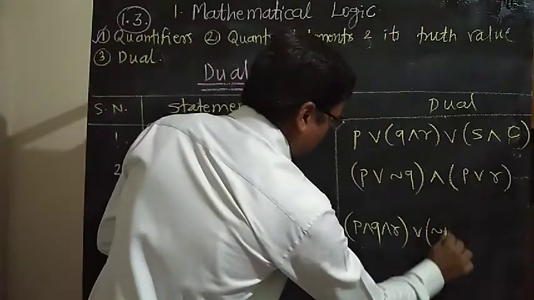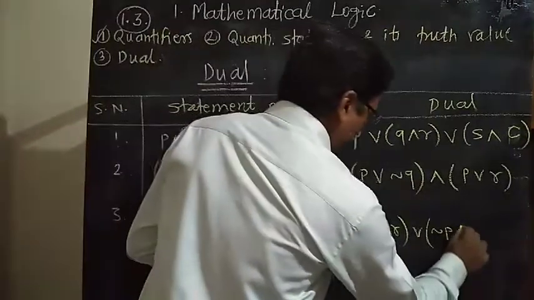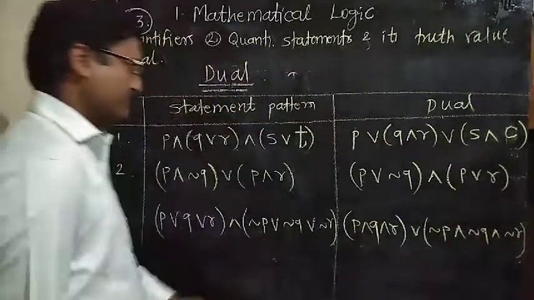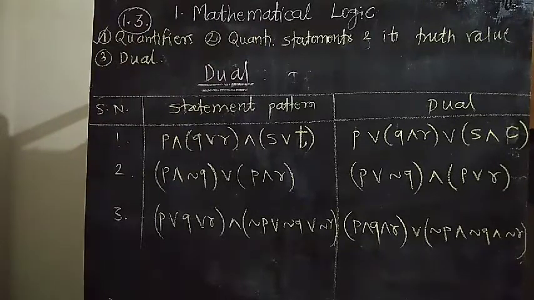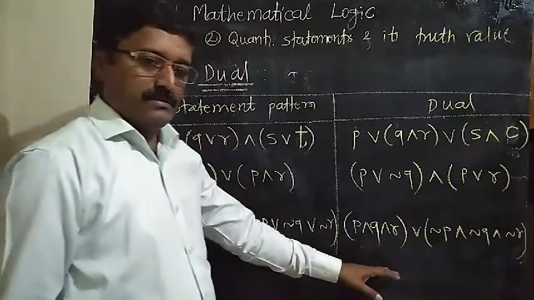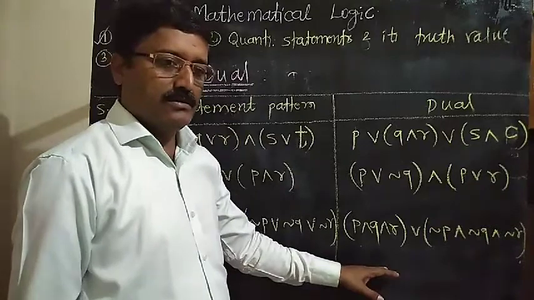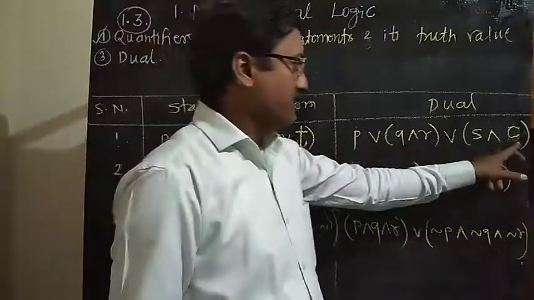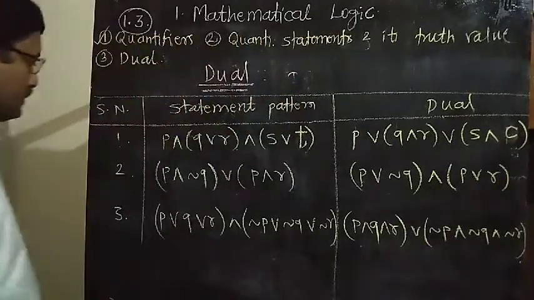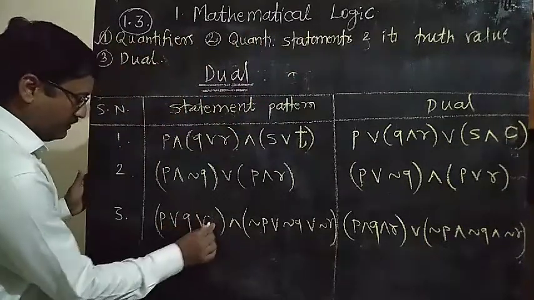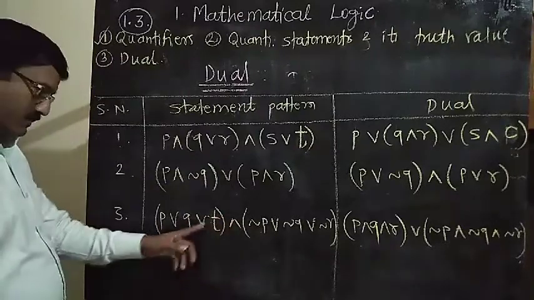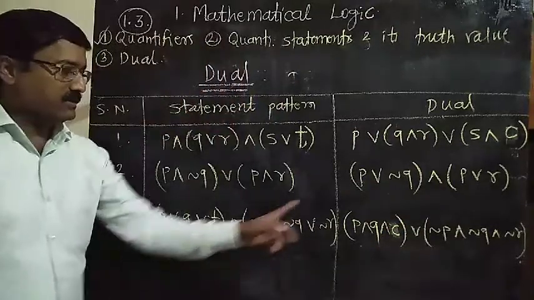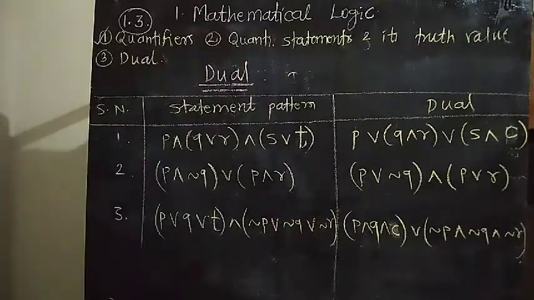Negation P remains as it is, and negation Q and negation R. So the dual of a statement is very easy to write. Only interchange and by or, and or by and, and if there is any T, then change it with C. Suppose here T is given, then what can we do? We have to change this T by C only. So we get the dual of the statement.